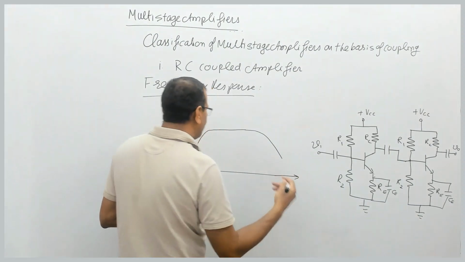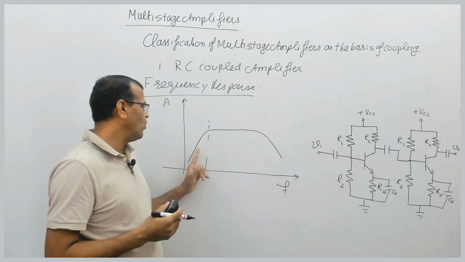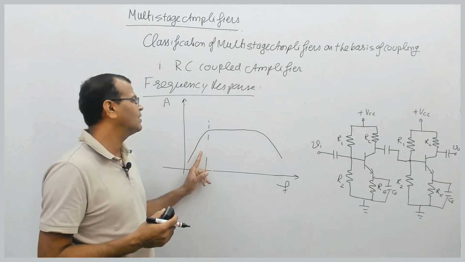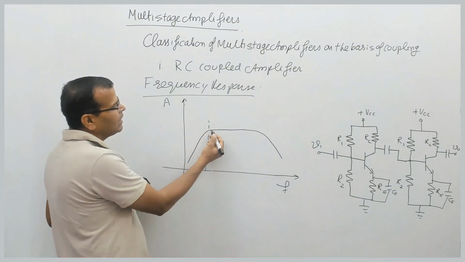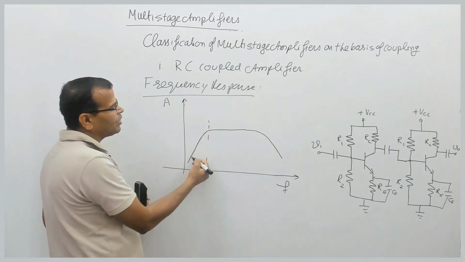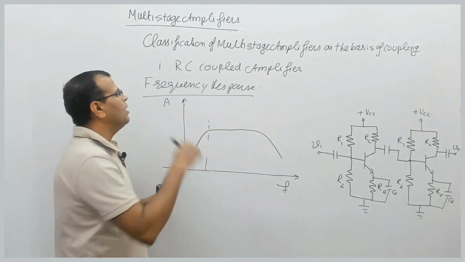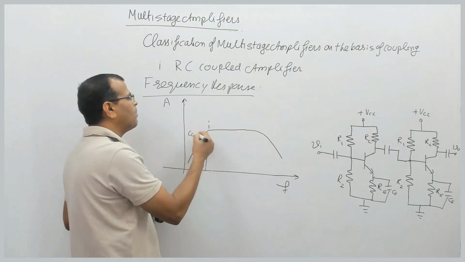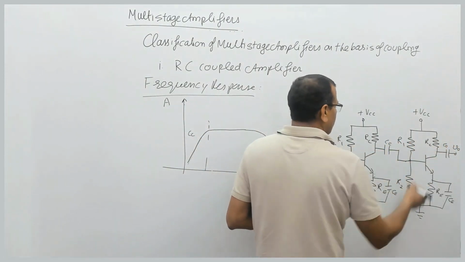Interestingly, you should remember, in the frequency response at low frequencies the gain reduces with reduction in frequency, or you can say gain increases with increase in frequency, because of the coupling capacitors. This is a coupling capacitor, this is a coupling capacitor, this is a coupling capacitor.